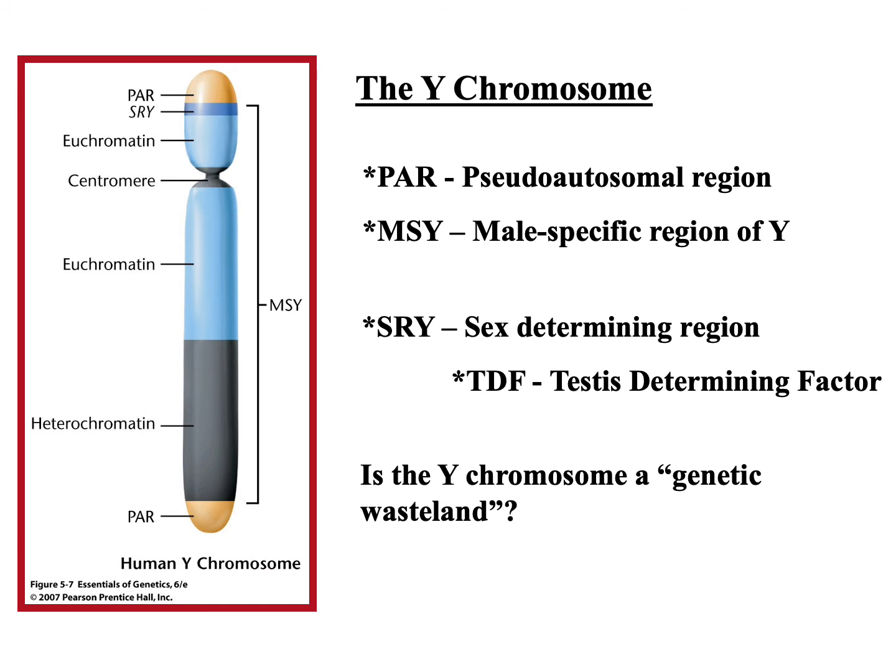In this particular figure, it's colored in the yellow or goldish color, and it's at the tips of the chromosome. Again, the pseudoautosomal region is the portion that allows for homologous pairing with the X chromosome in males during prophase 1 of meiosis 1. The remainder of the chromosome that's not pseudoautosomal region is labeled MSY, which is the male-specific region of Y.